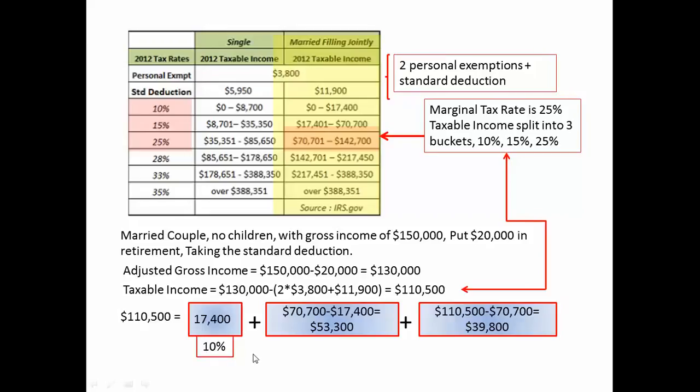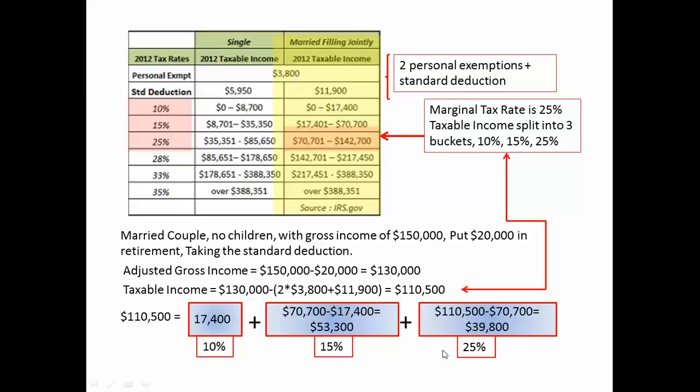So remember, the 17,400 portion of your income is at 10%, the 53,300 is at 15%, and the remaining portion, the $39,800, is taxed at 25%. On your calculator, you just do 17,400 times 10%, the 53,300 times 15%, and the 39,800 times 25%.